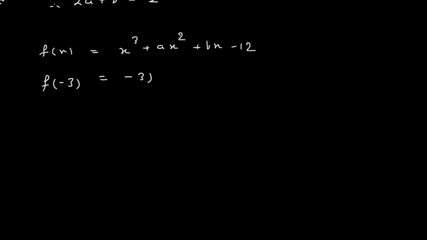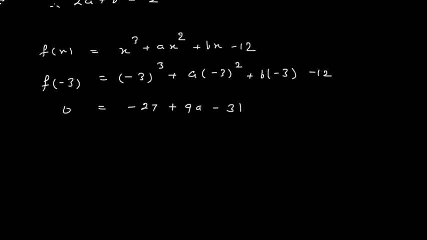So this f of minus 3, which is 0, is equal to minus 27, plus 9a, minus 3b, and minus 12. So here I will have 9a minus 3b, and this is minus 27 minus 12, which is minus 39, and here it is 0.